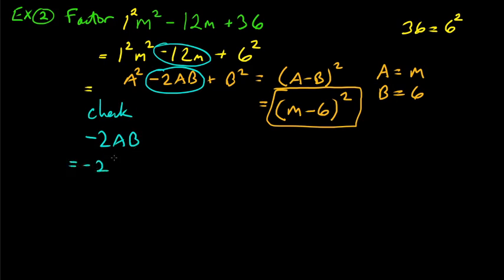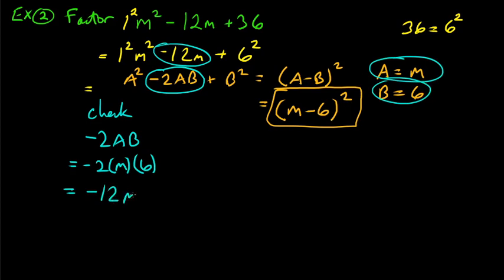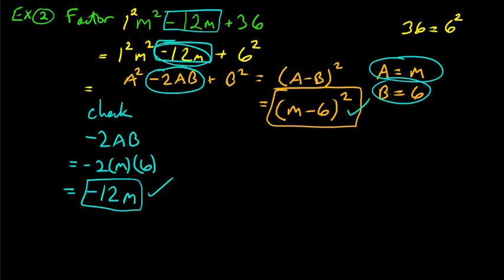Well, it's going to be negative 2 times a, but remember a is m, and b was 6. So negative 2 times 6 is negative 12, and then times m. Negative 12m is the middle term, right? So it's a match. And that's how we know that this is correct here. So yeah, once you get used to this, it goes pretty quickly.